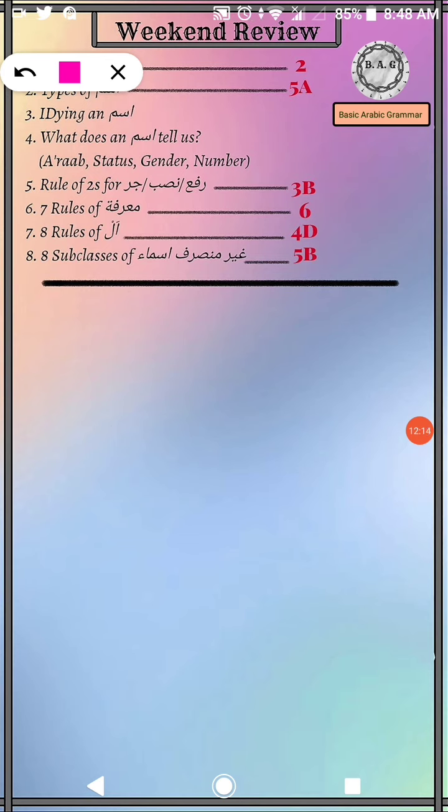We have revised the types of words, we have done types of ism, and we have briefly touched on the rule of twos for rafa, nasab and jar, and how they are different from each other. Now we are left with the review of these 3 points, which would be covered in the next review video, inshallah.